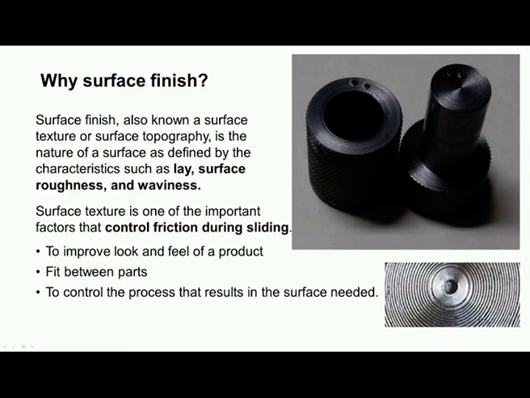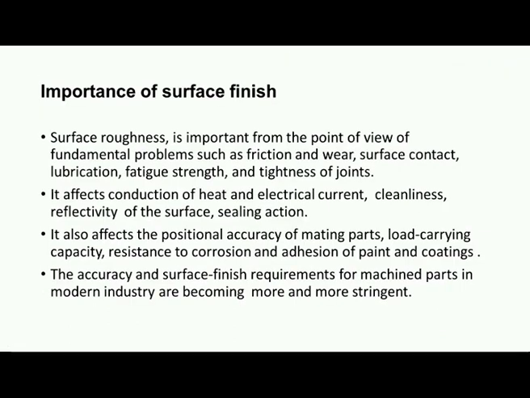And we have another picture of a flat surface which is a face turned component. We can clearly see the rough surface, and we can see the concentric circles made by the cutting tool action.